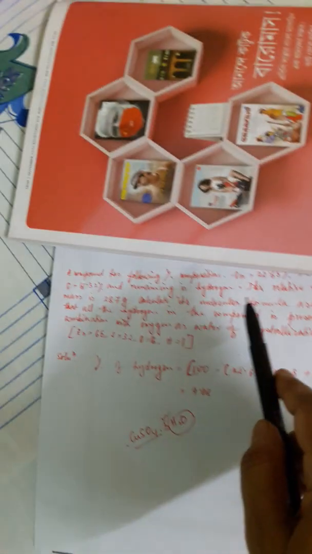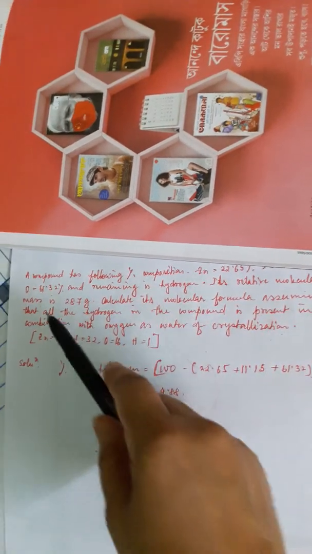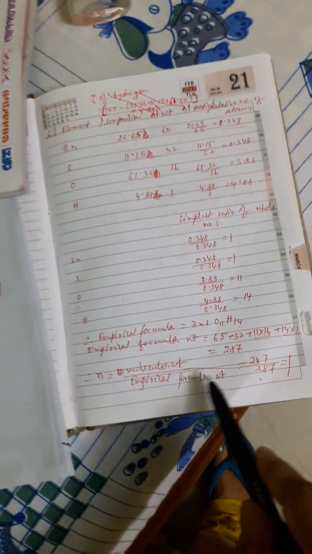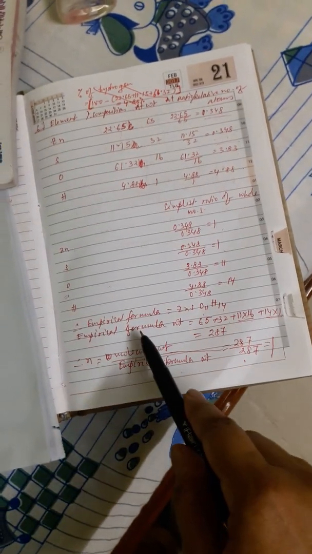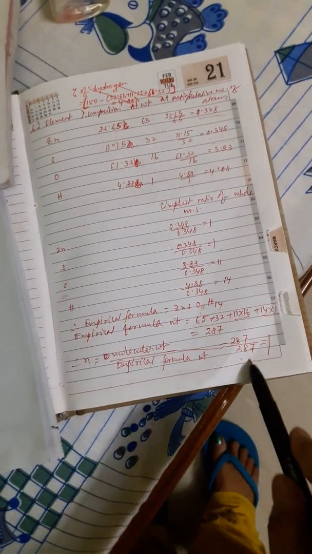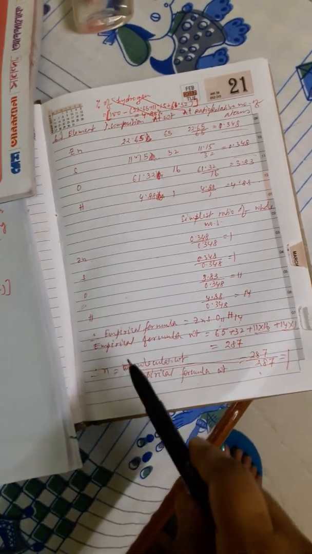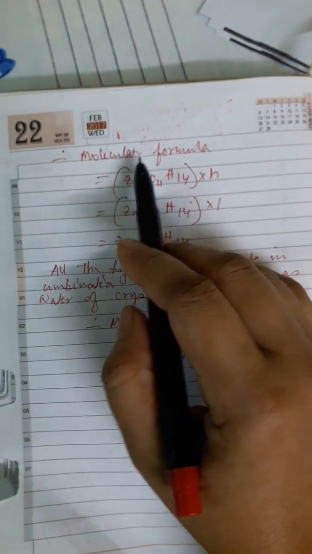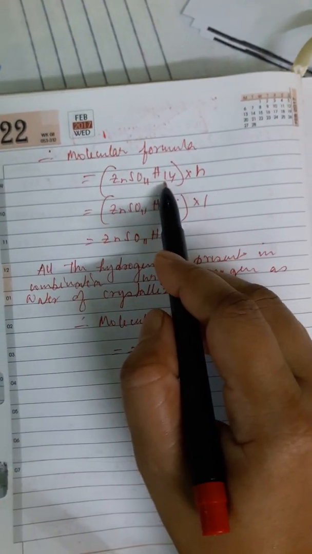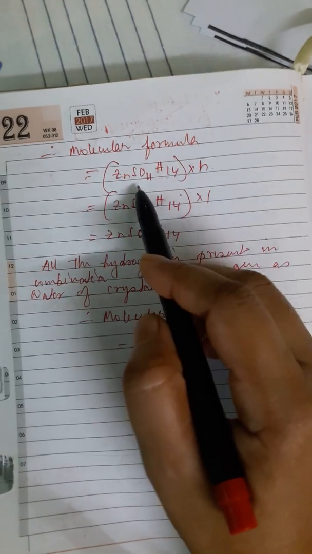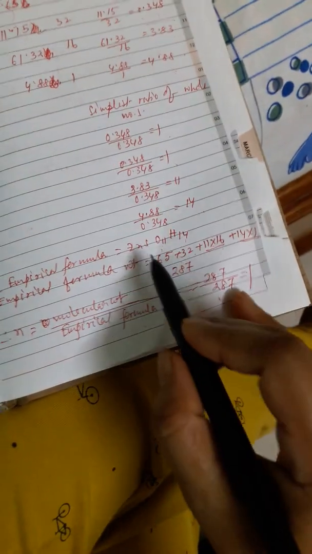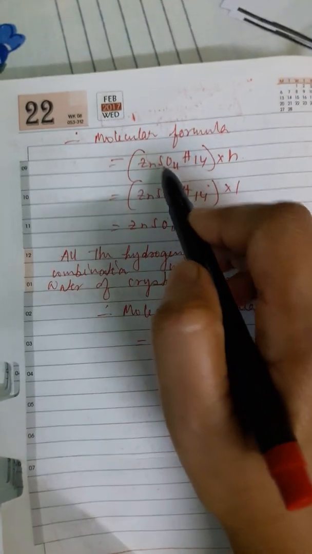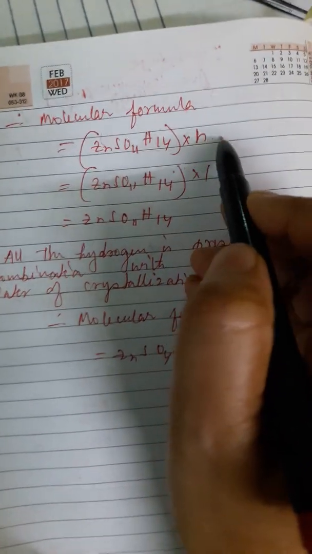Molecular weight means the given relative molecular mass, 287. So molecular weight is 287 and empirical formula weight is also 287, so it is 1. So n is 1. Next, molecular formula is empirical formula times n. The empirical formula I got is ZnSO11H14, times n.